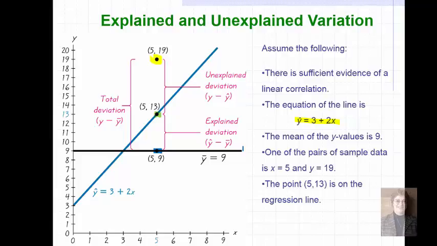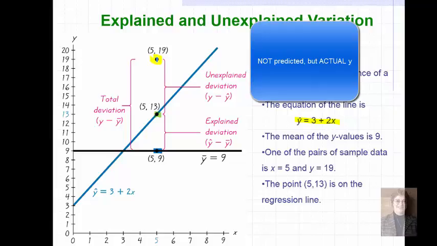So here is what we're going to do. When we look at the deviation, we've got explained deviation and unexplained deviation. The total deviation goes from our predicted point down to the mean of the y's.